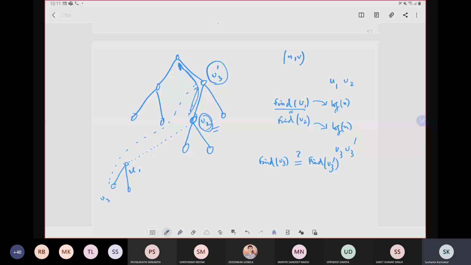The logic is, if I once know the name of the component of a particular node in a particular component, then for any node in that path from the leaf to the root, I know that the name is the same for everyone. In every element in this subtree, it is like that.